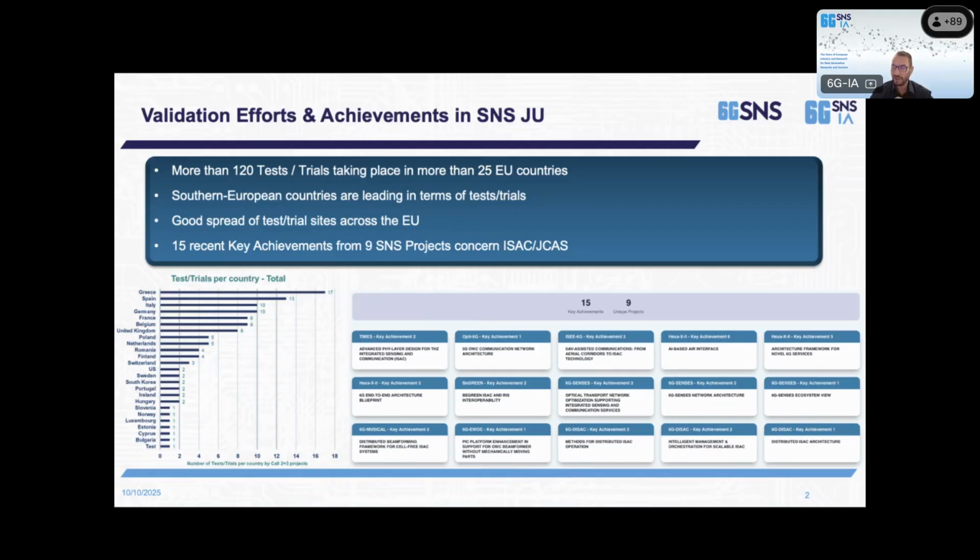From the ongoing projects, we have at least 15 key achievements from 9 SNS projects regarding ISAC and JCAS technology. A webpage will be launched soon, so you'll be able to get more information about what exactly each project has done and what their achievements in this area are.